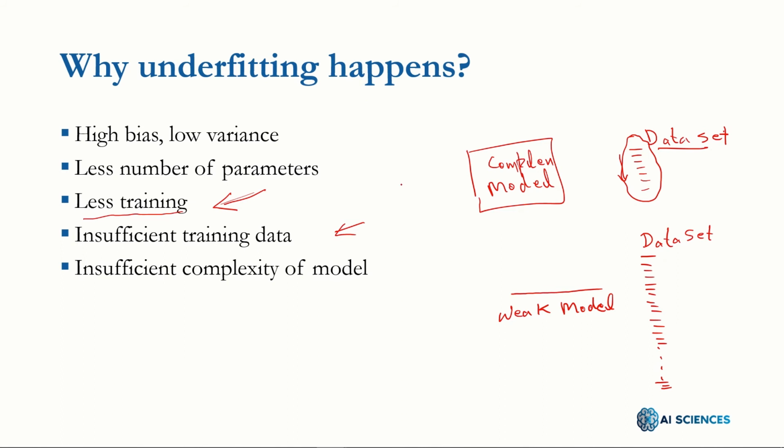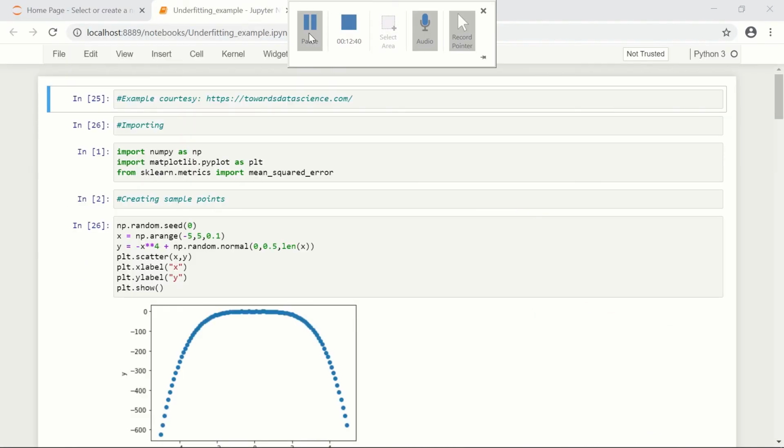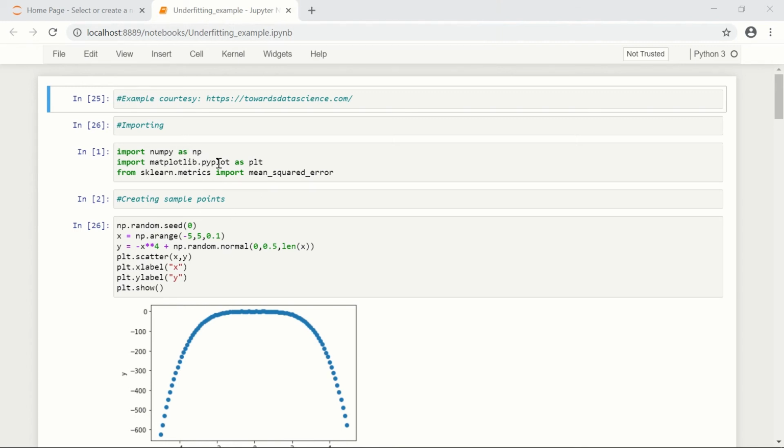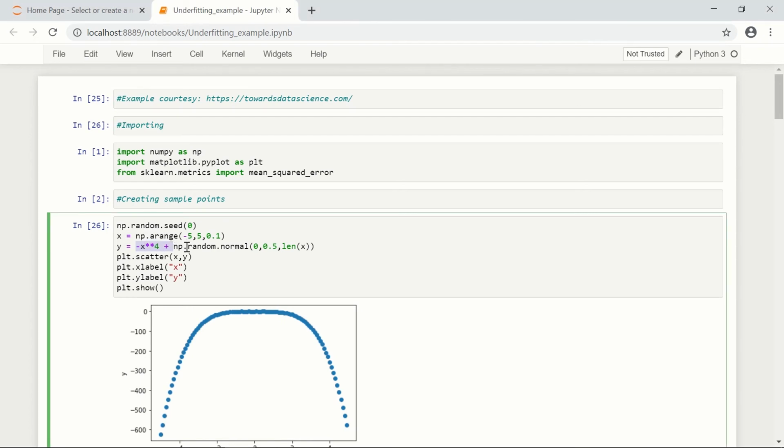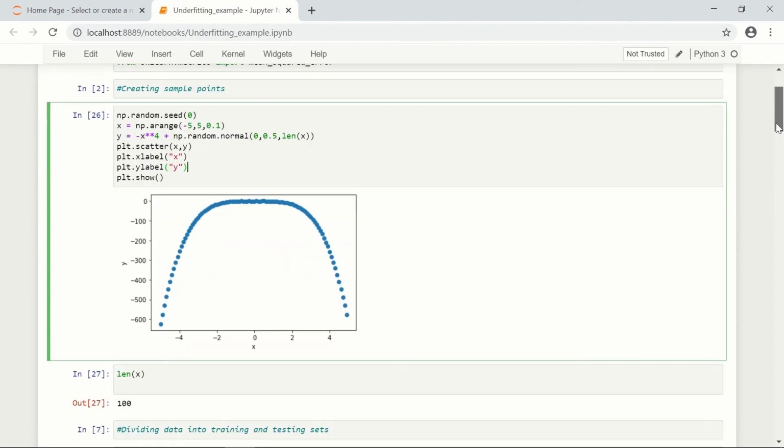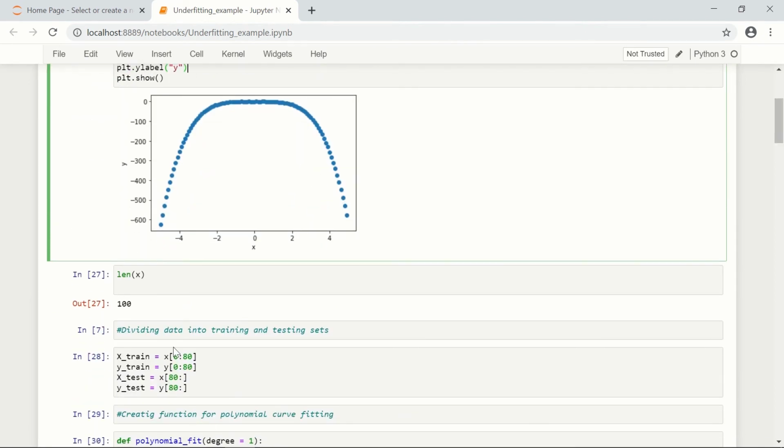Now let's see a code example where underfitting is happening. We first imported our important libraries, and then we generated sample data out of a function with some general randomness, and we plot the data. The data looks like this in the figure.